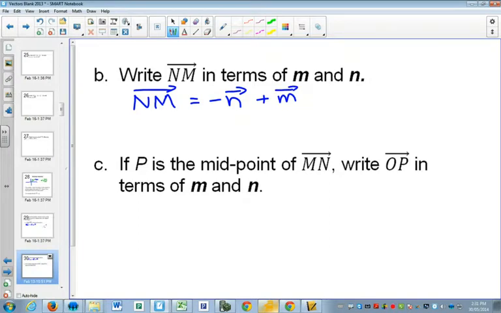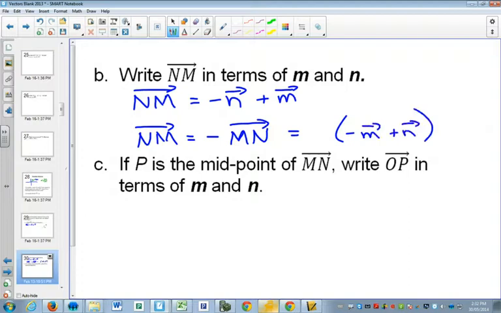The other thing you could think about is, does it make sense that n to m is exactly the same as negative m to n? Because it's just the same one in the opposite direction. So if we took our answer from A, and our answer from A was negative m plus n, and did a negative in front, and distributed that negative, you would see you would get exactly the same as we did, negative n plus m.